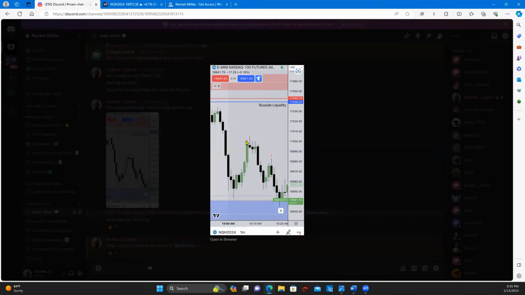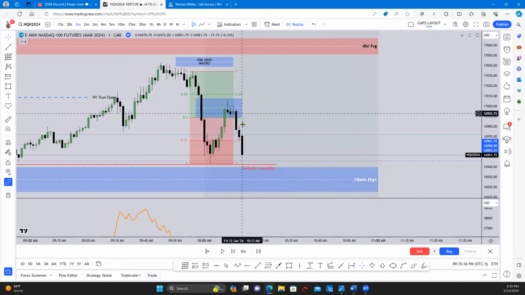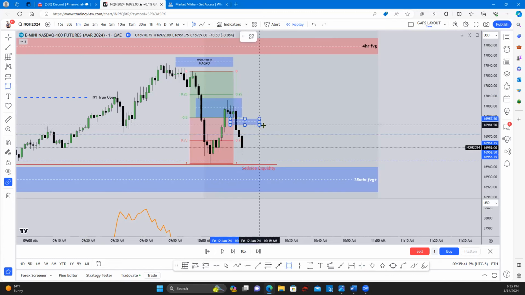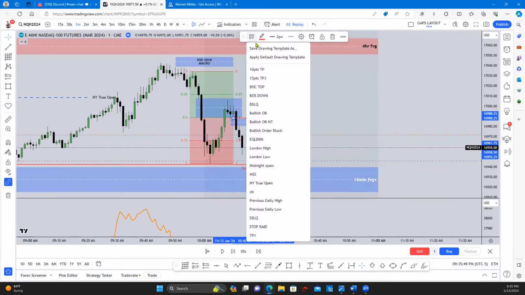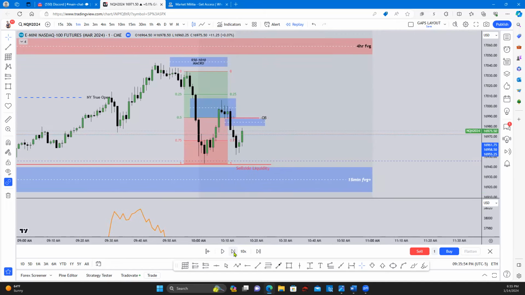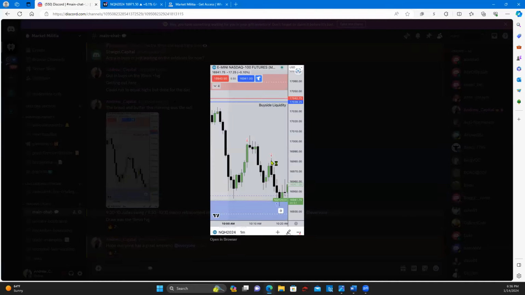So in the Discord, you'll notice there was one entry there. And then as we continue lower, I noticed we left another fair value gap just in here. Okay. And we also have an order block in this last up close candle there. So as we came into here, I entered a second position, which we can see here.